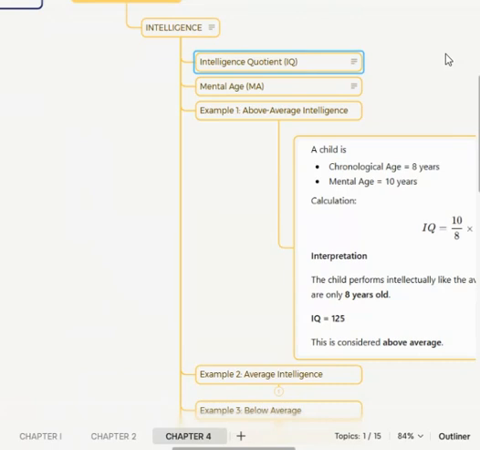For example, a student is 8 years old. Normally, at 8 years old, we have 100 centimeters. What about the other student, 8 years old, but their height is 120 centimeters? So it's bigger or higher than the other student.